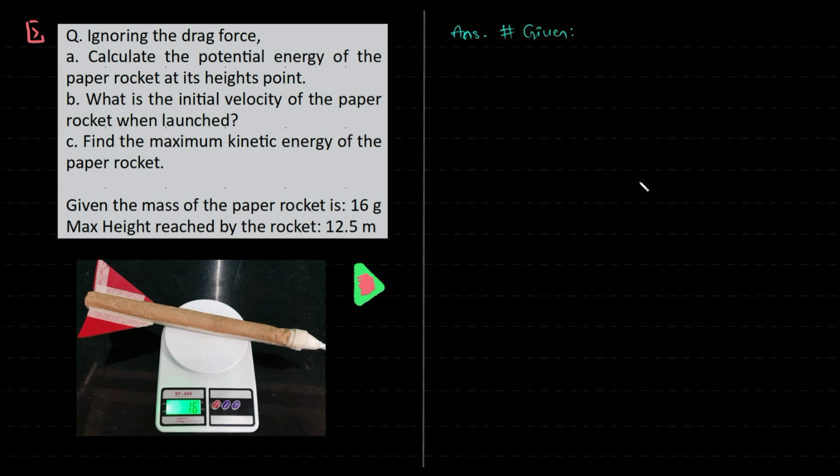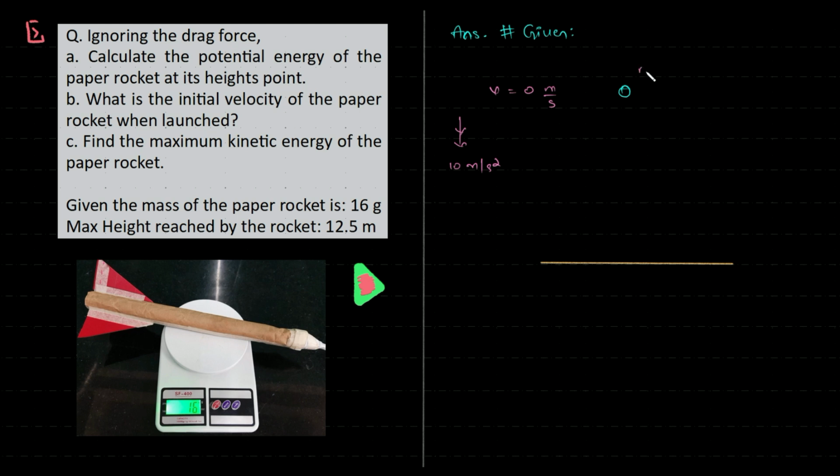We have an object launched from a particular place, and it reached a particular height. At this maximum height, the velocity will be 0. I can call this the final velocity, 0 meters per second. Acceleration due to gravity is 10 meters per second squared.